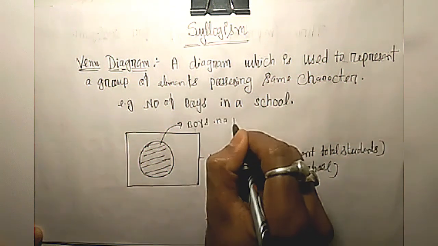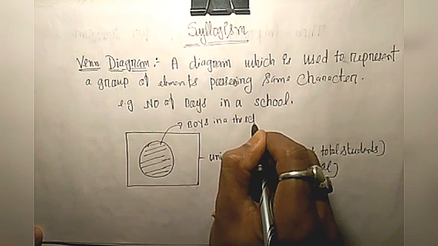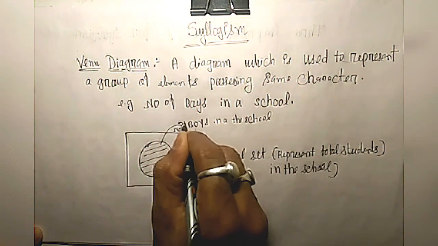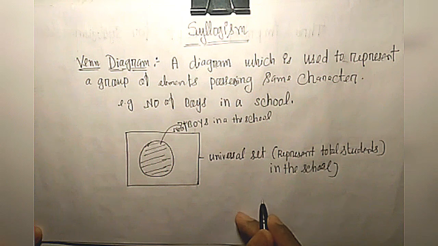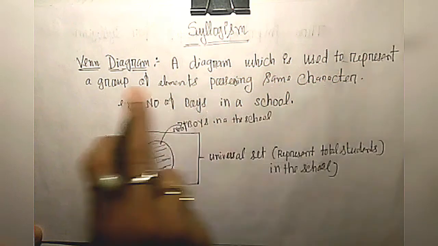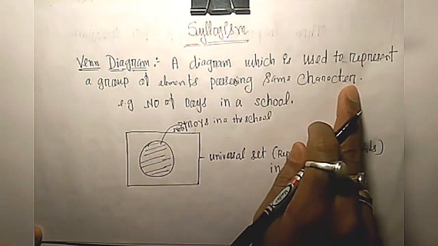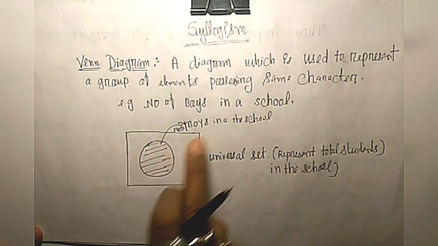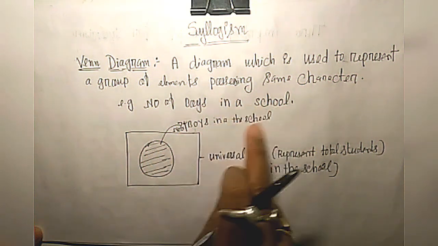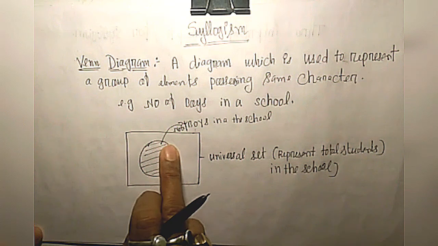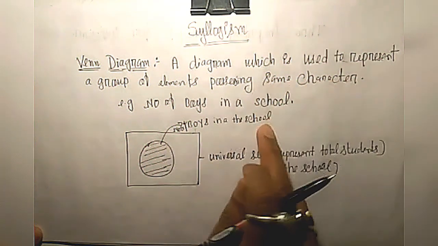Inside the universal set we draw the circle which represents the number of boys in the school. It possesses the same character, that means this circle represents the whole number of boys in that school. It is a unit possessing the same character.